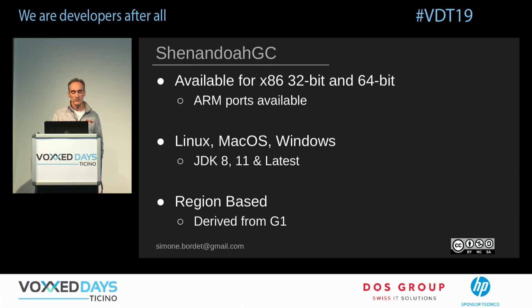Because Shenandoah doesn't depend on architecture, it doesn't need a 64-bit pointer to work for colored pointers or an algorithm like that, it can be used with compressed pointers. It can be used on very small heaps. It can be used on 32-bit architectures, and basically you get all the benefits. It is available on many platforms.